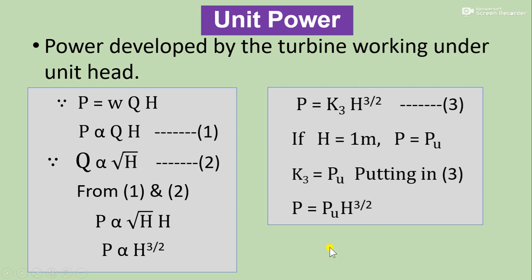Putting this in equation 3, we get P is equal to Pu into H raised to 3 by 2. Arranging the terms, we get the formula Pu is equal to P upon H raised to 3 by 2. This is the unit power. So in this way we have seen the derivation for unit quantities.